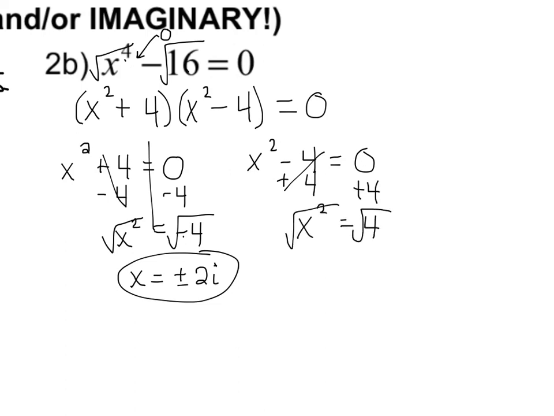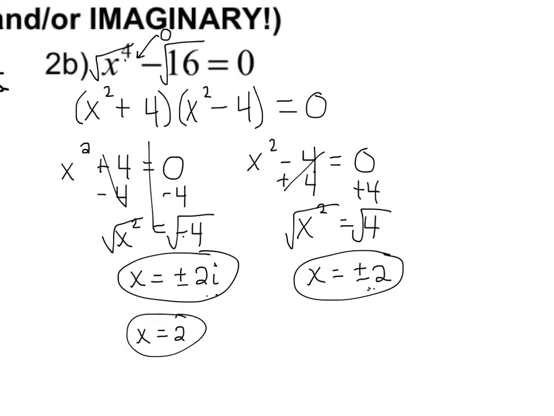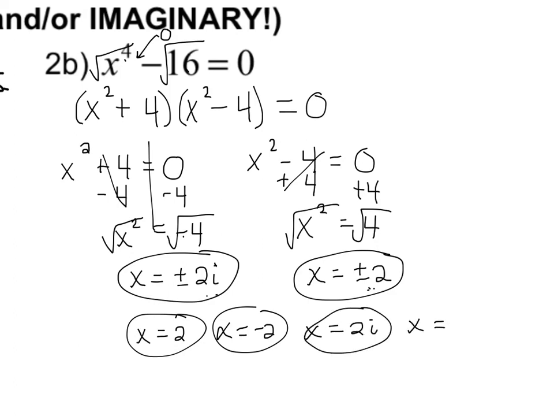And when we square root that, we get plus or minus 2. So these 2 are the real zeros, these 2 are the imaginary zeros. You can leave them like that, or you can choose to write positive 2, negative 2, 2i, and negative 2i. I'll accept either.